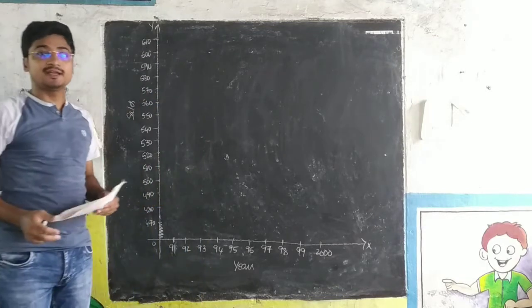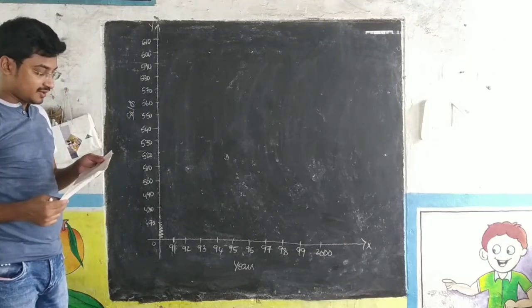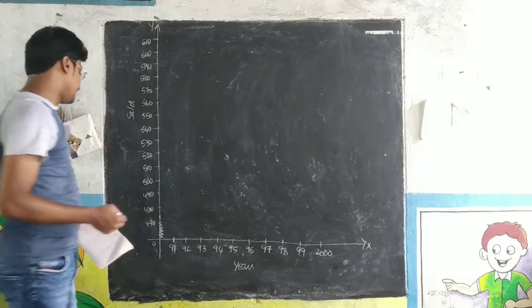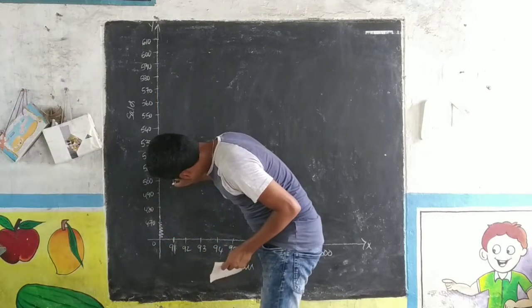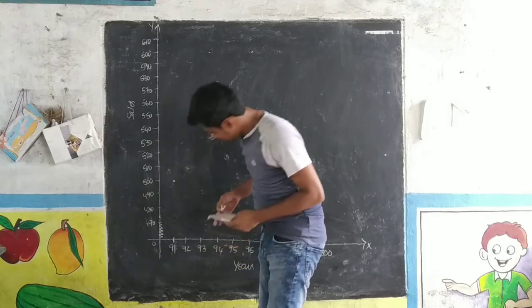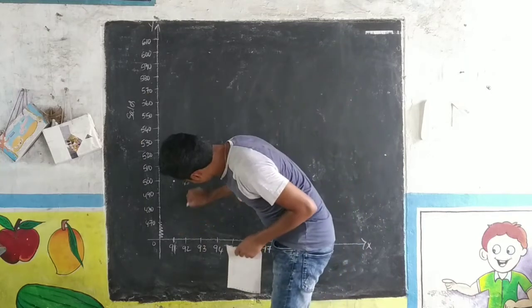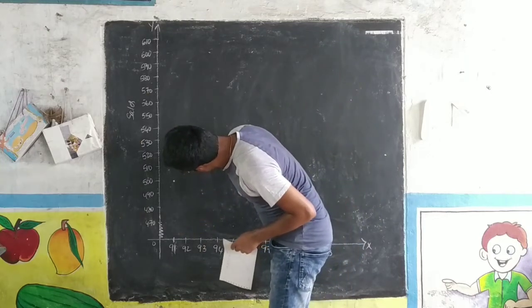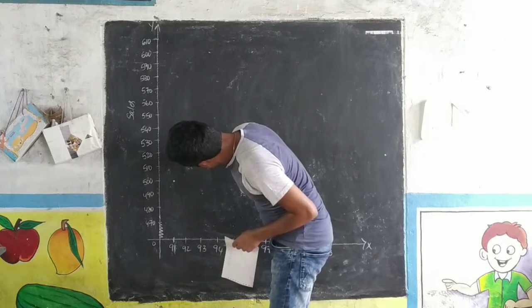Now we have to draw a curve by using the first and second columns. First year is 1991, sales is 500. Next, 1992 sales 520.